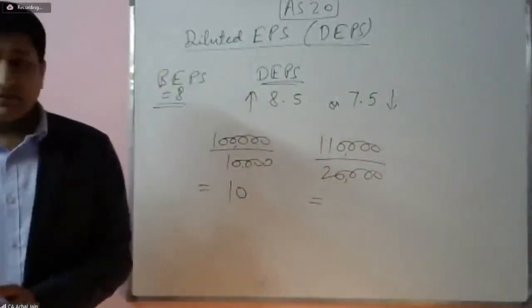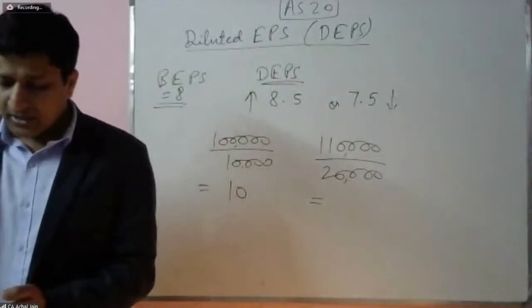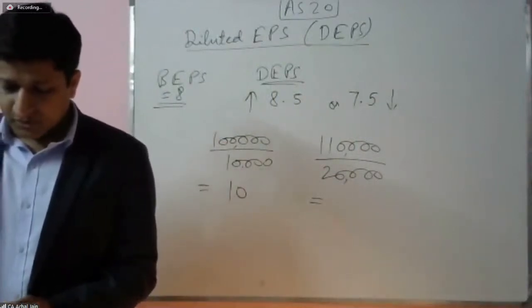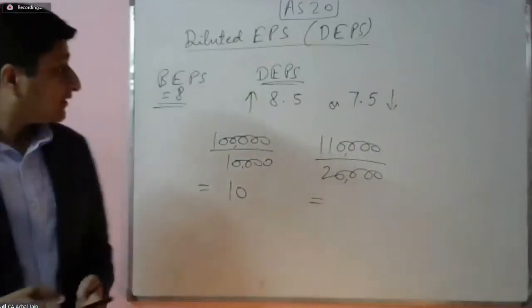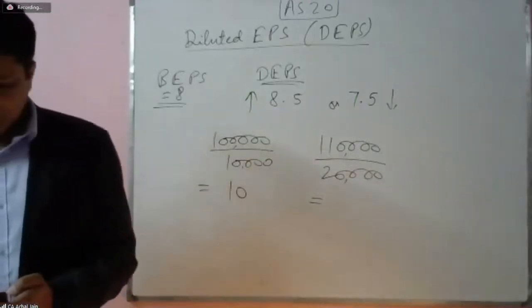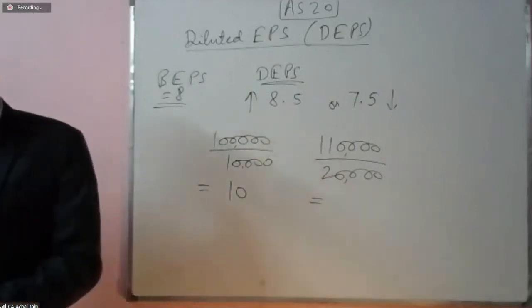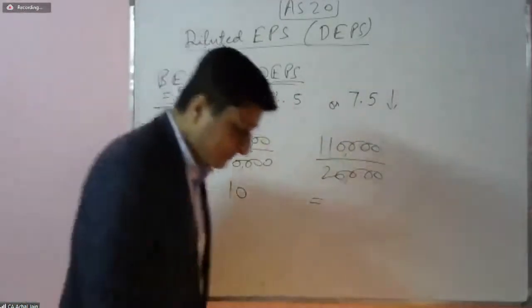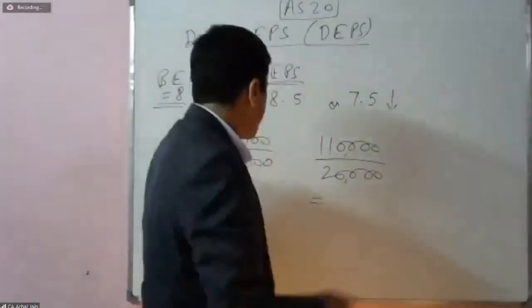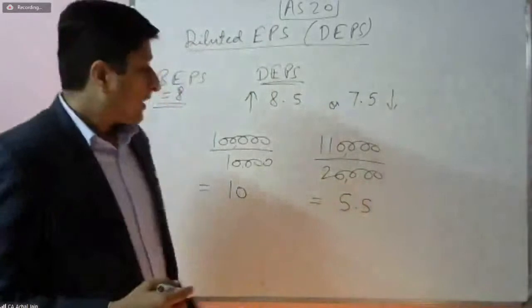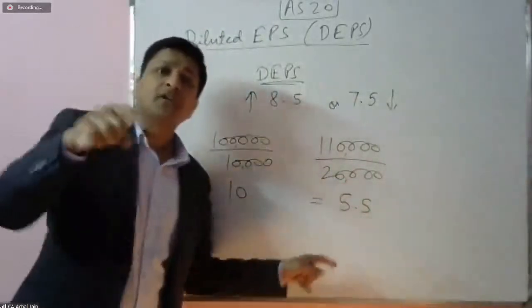Can you tell me? 1,10,000 divided by 20,000. So what do we get? 5.5. Now in this case, EPS has gone down.